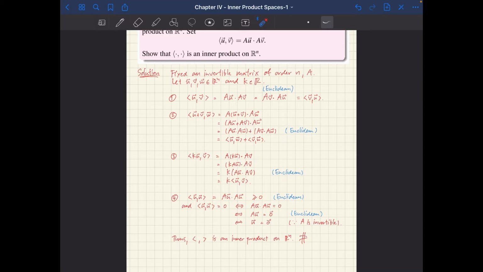So this one is not hard, and we can conclude that this function is an inner product on Rn.